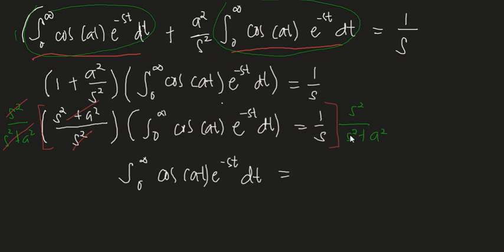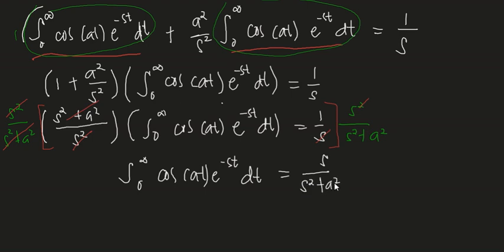So we can cancel the s. Cancel the squared. So we will come up with an equation where our answer will be s all over s squared plus a squared.